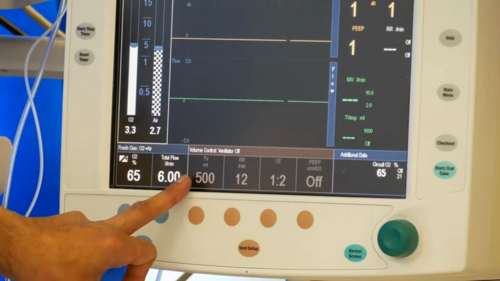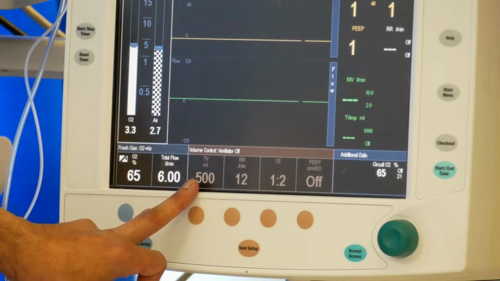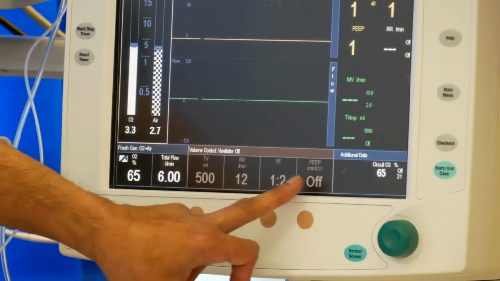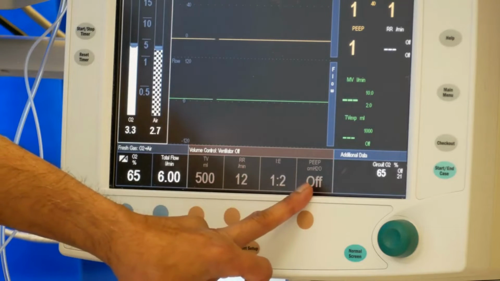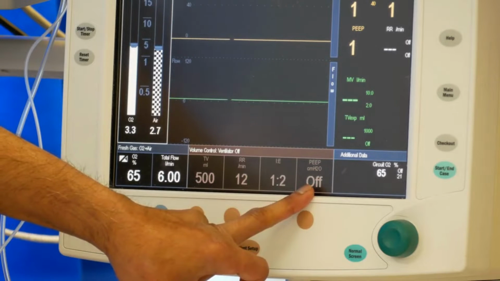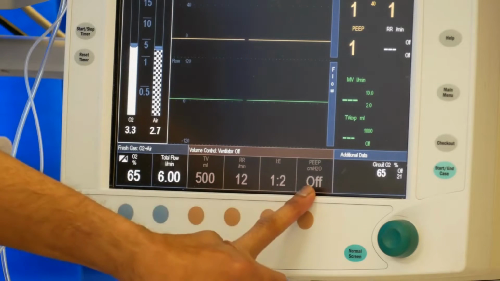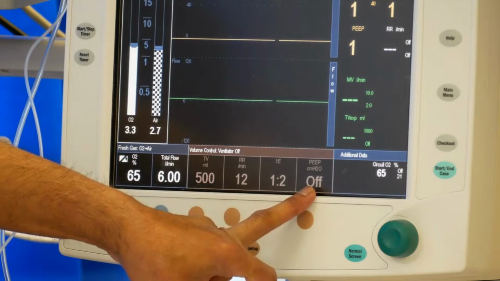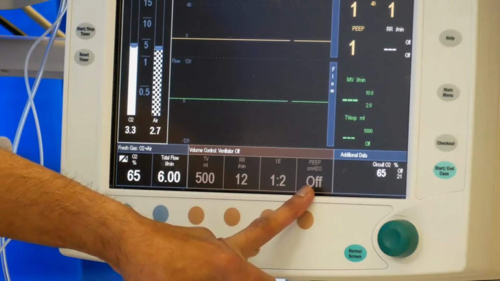This patient is being set up for a tidal volume of 500, and the patient is breathing 12 breaths per minute. There's another setting called PEEP. These setting changes will be done by the intensive care specialist, the anesthetist.